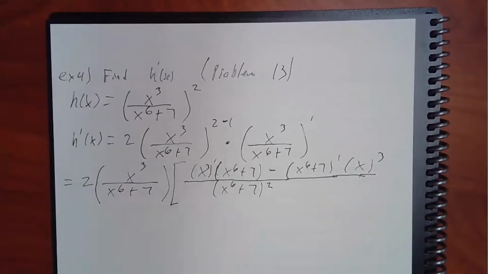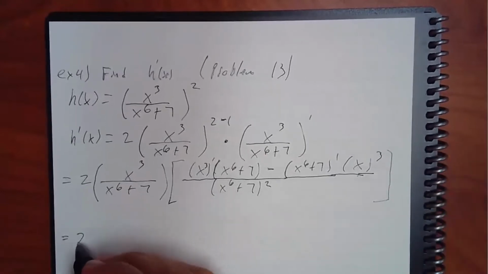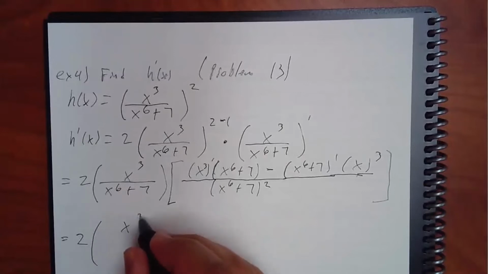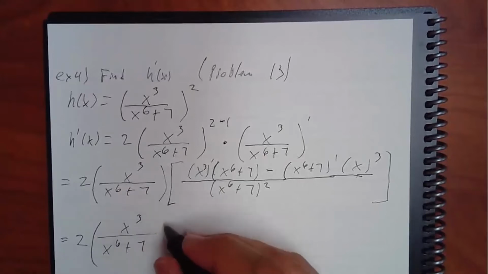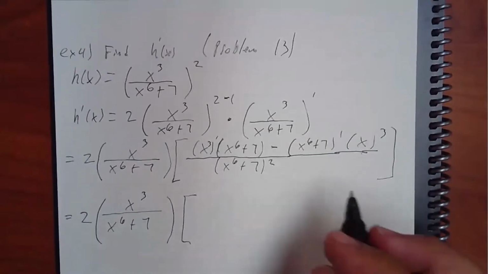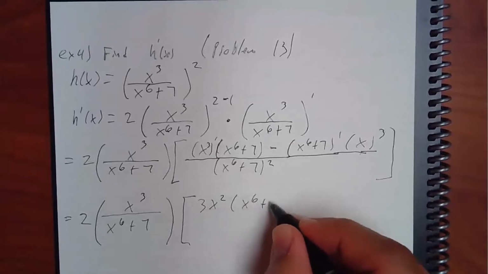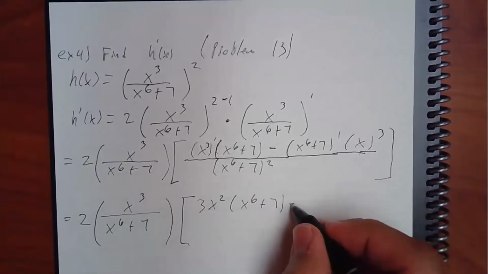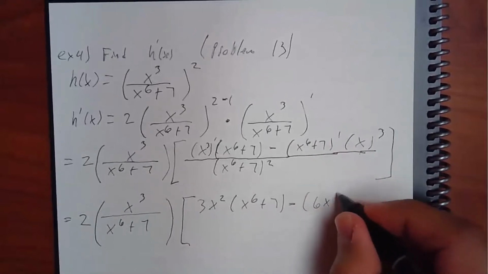All right, so now algebra time. No, I guess we got to do that derivative first, but this 2 just stays there for now. Derivative of x cubed, that'll be 3x squared times x to the 6 plus 7, minus this derivative, which will be 6x to the fifth.